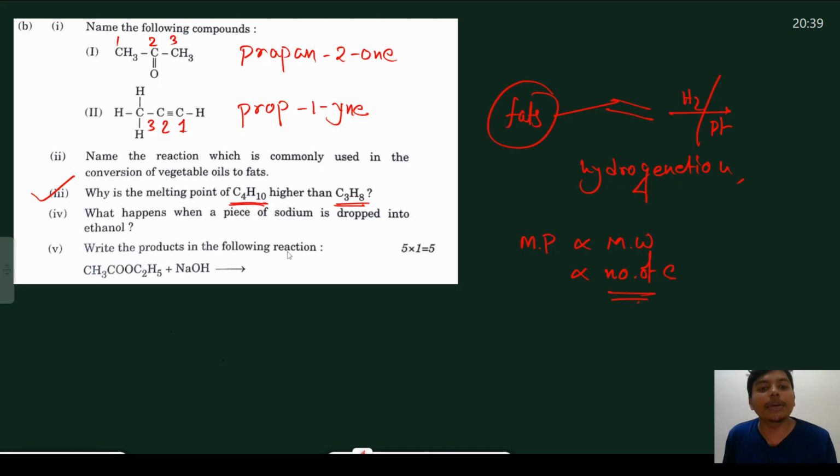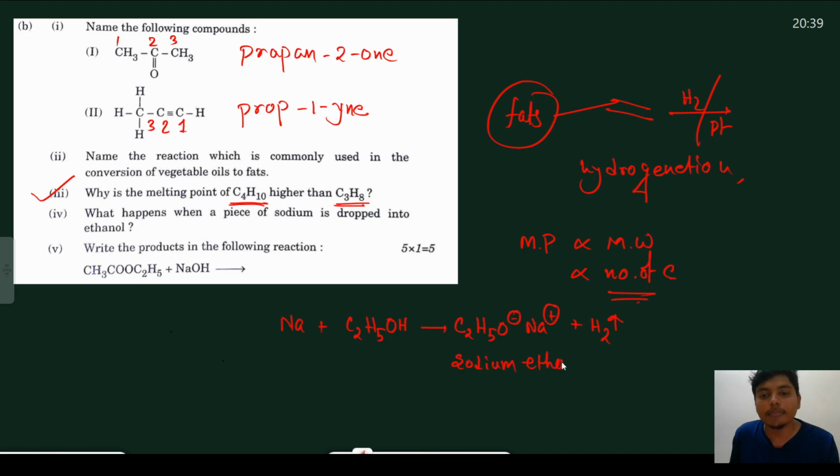What happens when a piece of sodium is dropped into ethanol? Sodium reacts with ethanol, C2H5OH. You have to write that C2H5O minus Na plus, sodium ethoxide, will form and hydrogen gas will evolve. Clear? Next, the last question: write the products of the following reaction.